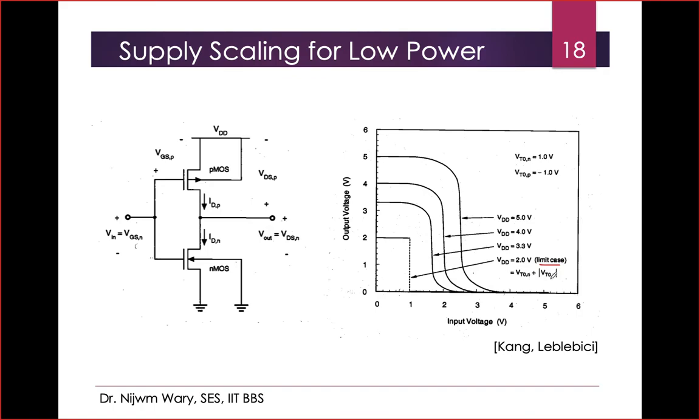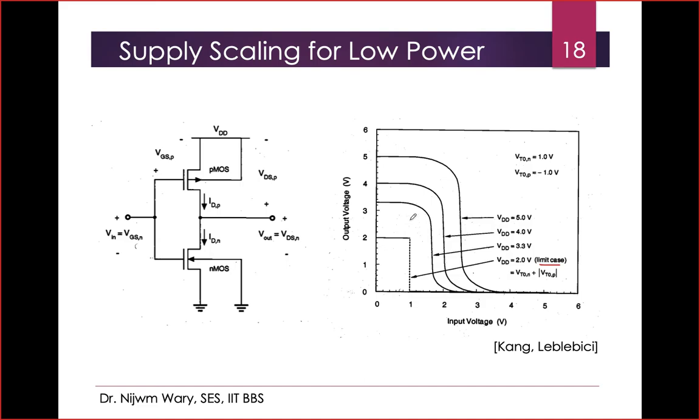It should not be less, otherwise it won't be operating like that. This is the limiting case, but it can go to a very low value. You can see here the VDD has gone from 5 volt to 2 volt. There is a decrease of 3 volt, but still the inverter operation is maintained, right?